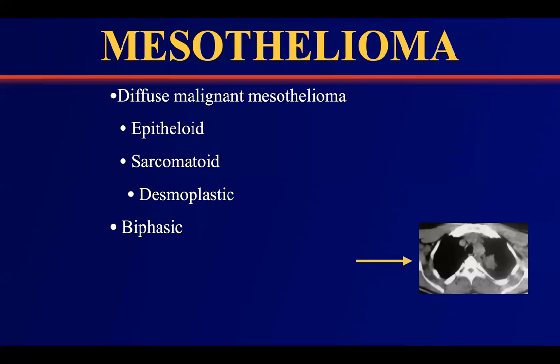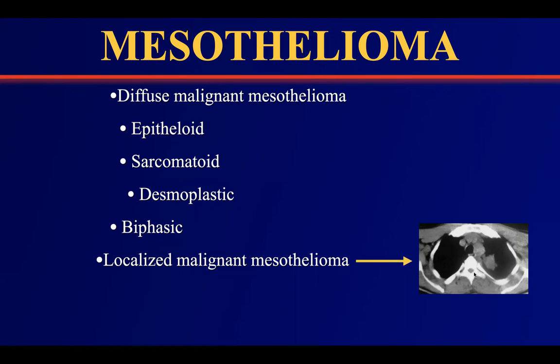So mesothelioma is a diffuse pleural tumor. Epithelioid and sarcomatoid types are the main types, but there is the desmoplastic type, which is very rare. There is the biphasic type, and there is a very rare type of localized malignant mesothelioma.